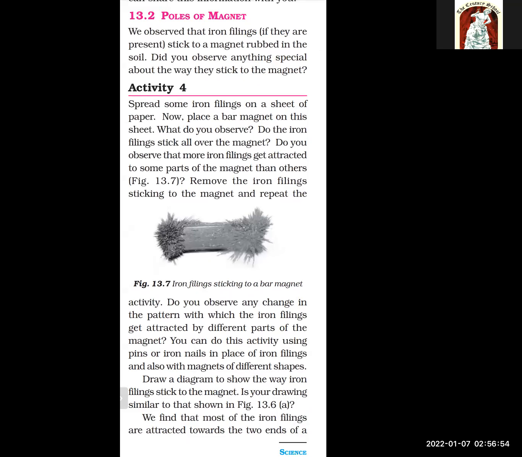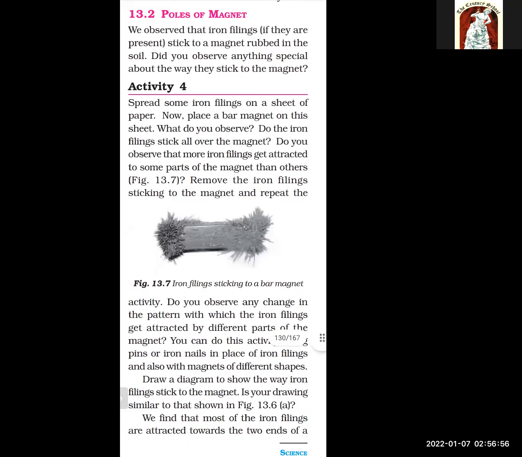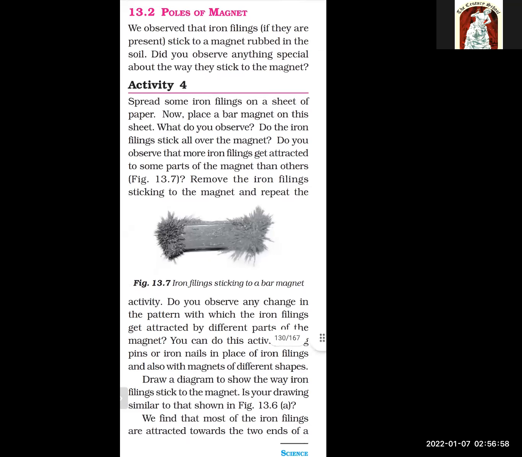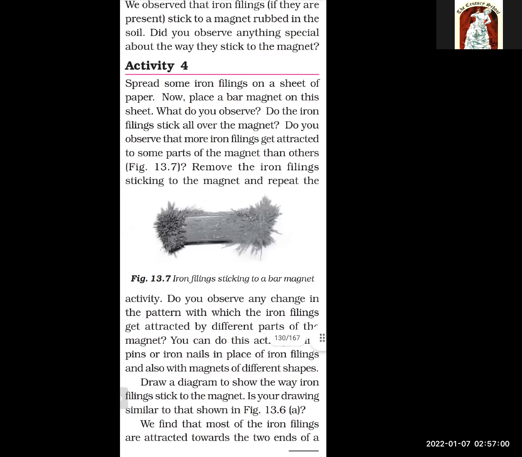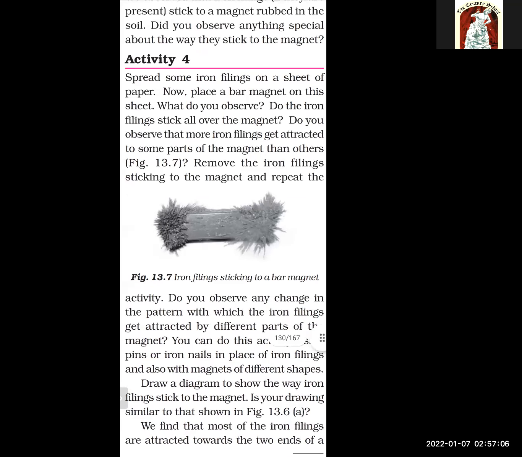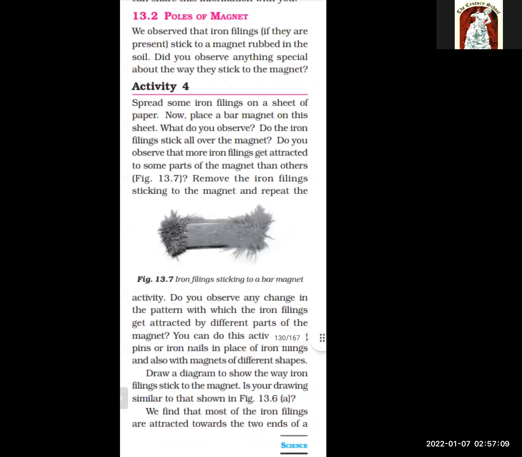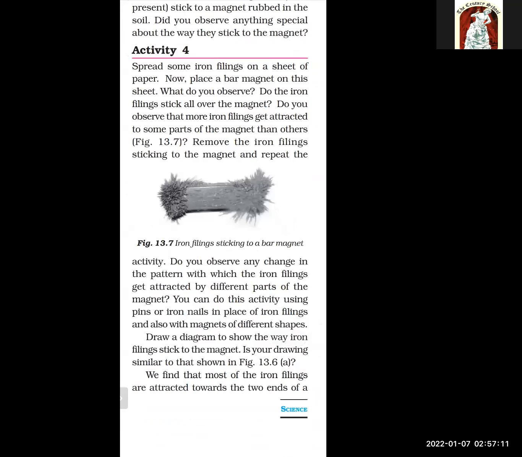Iron filings collect at the ends as shown in the figure. Remove the iron filings sticking to the magnet and repeat the activity. If we remove the iron filings sticking to the magnet and repeat this activity, do you observe any change in the pattern with which the iron filings get attracted by different parts of the magnet?